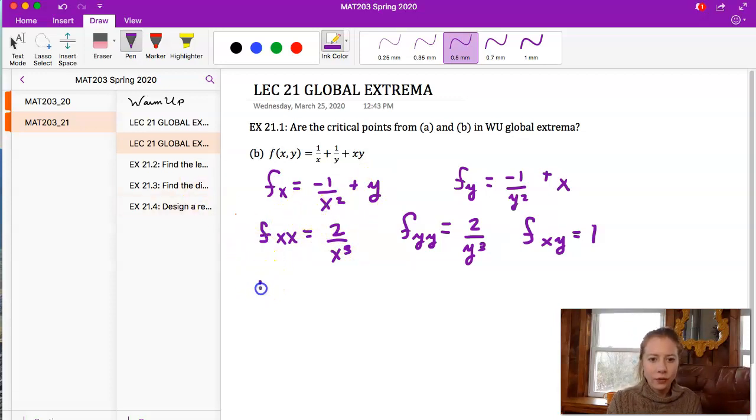So now let's compute D at our critical point, which was 1 and 1. I'll just write our critical point up here again, 1 and 1.